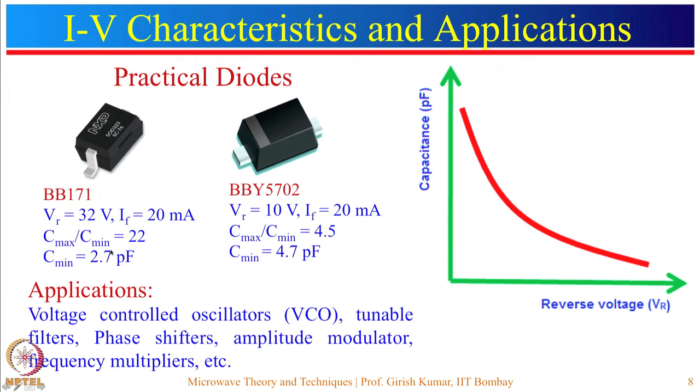You can see in this case the Cmax to Cmin ratio is relatively more and it defines the tunability range. So, it is more suitable for a wide band tuning range, like if you want to use it in a vector network analyzer or spectrum analyzer, then this diode will be more suitable. So, one should choose the diode again depending upon the application.